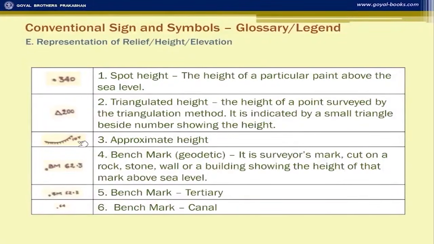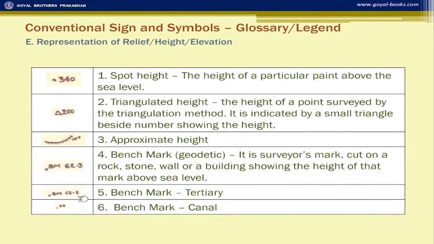Approximate height is shown by the symbol and benchmark by BM. BM means benchmark. Beside that, 62.3 is written, which shows that the height of that particular point is in meters. It is generally a surveyor's mark cut on a rock, stone, wall or a building, showing the height of that mark above sea level.